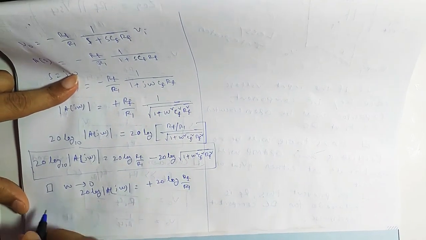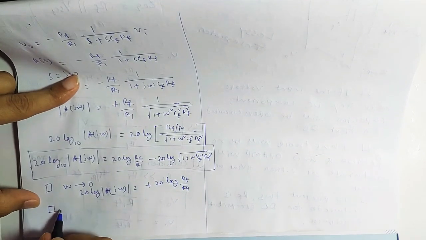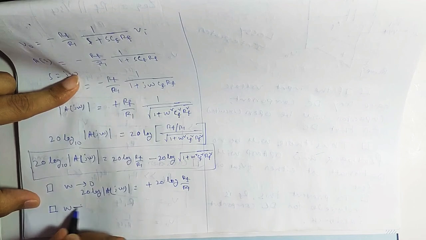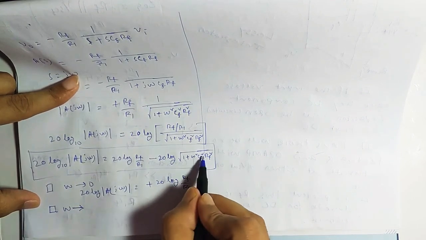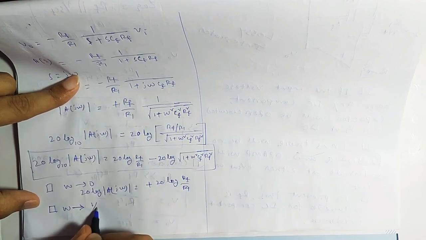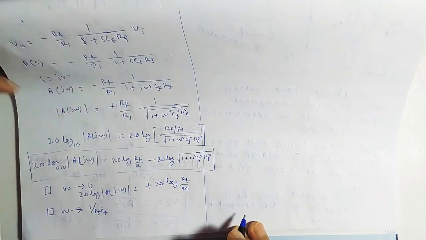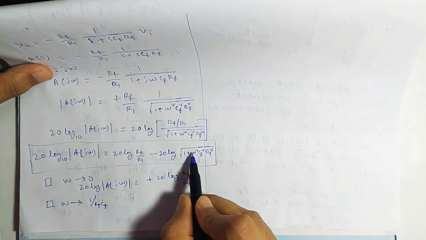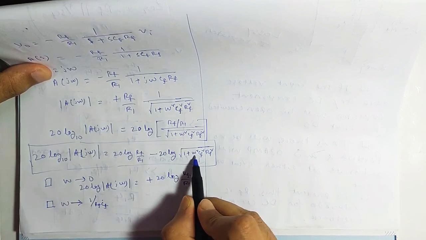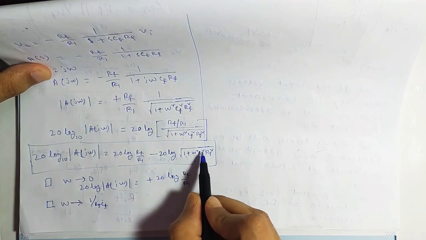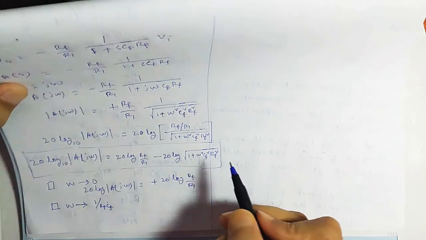In the second case, omega is almost equal to 1 by Rf Cf. If I replace omega with 1 by Rf Cf, this will be 1 by Rf square Cf square times Rf square Cf square, so these two cancel out, and it will be root over 2.